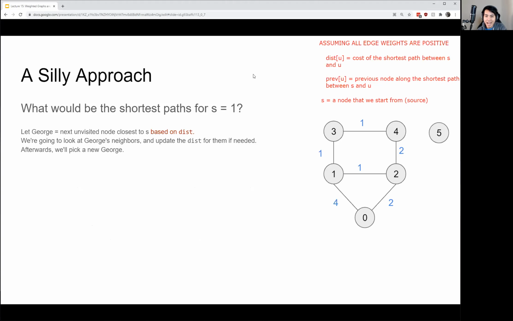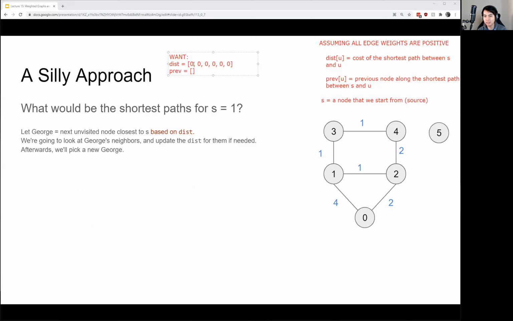All right, so let's actually try to solve this for S equal to 1. This should look very similar to what we had before, right? We know that what we want is the distance array. There's going to be 6 slots here, because there's only 6 nodes in my graph.